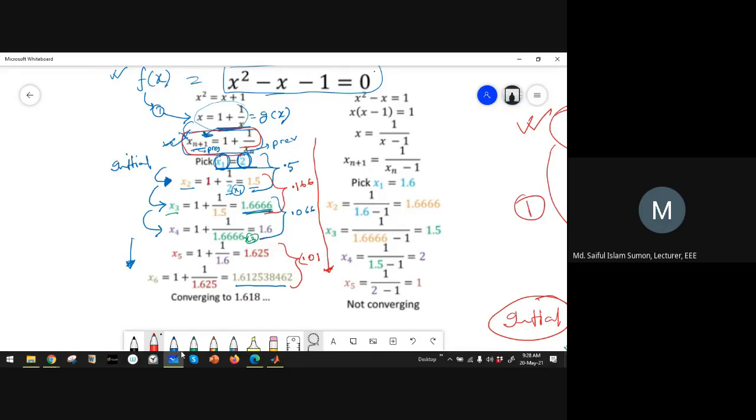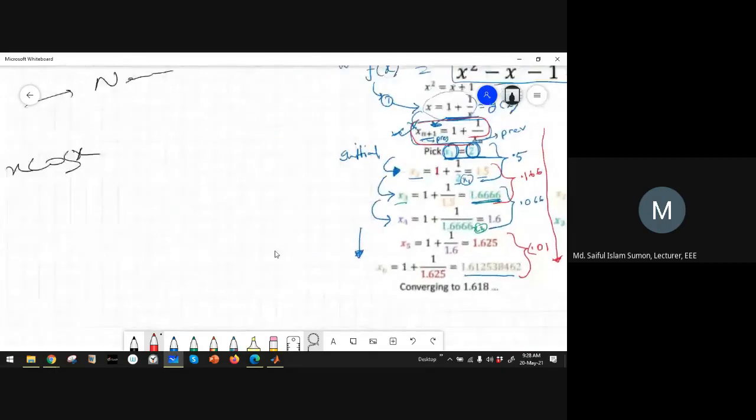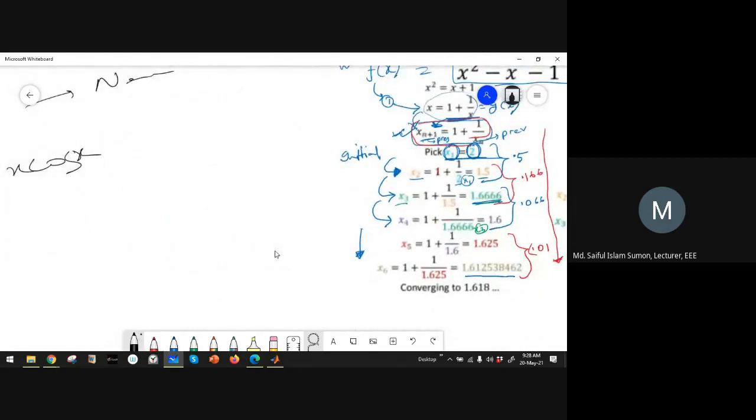Yes, sir. So your question is, here one specific number of iterations has been mentioned. In our code, in MATLAB, we are going to demonstrate the Newton-Raphson method, the second method.